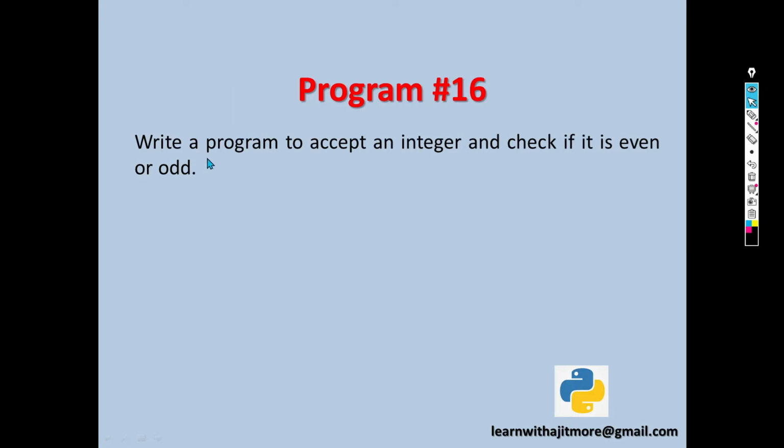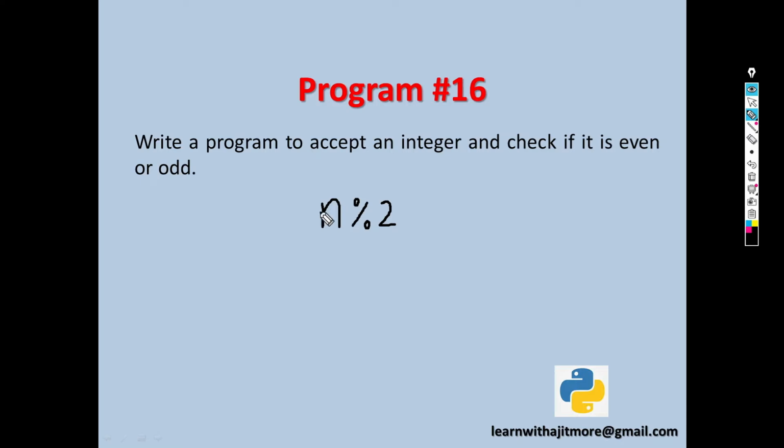In this problem we have to accept an integer and check if it is even or odd. To check whether the number is even or odd, we have to check its divisibility with 2. We have the modulus operator which returns the remainder.